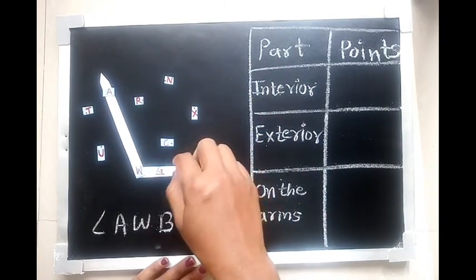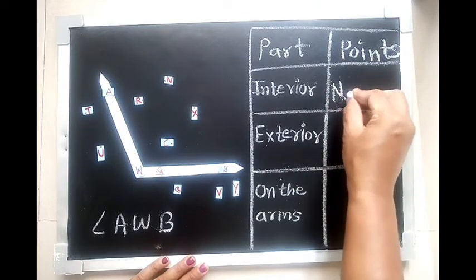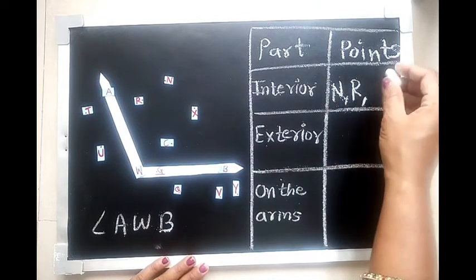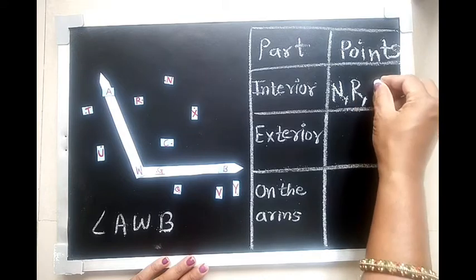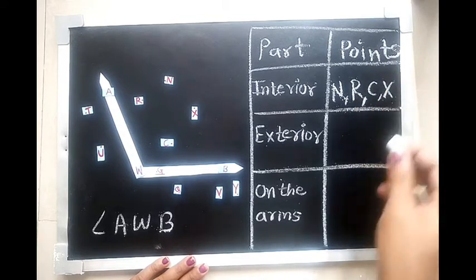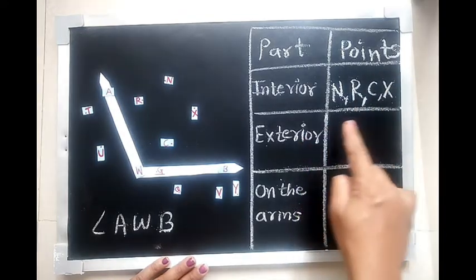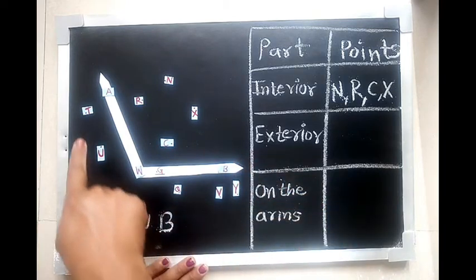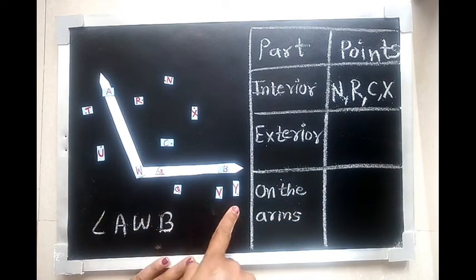First, we write down interior points of angle AWB. Interior points are point N, point R, point C and point X. Next, exterior points.